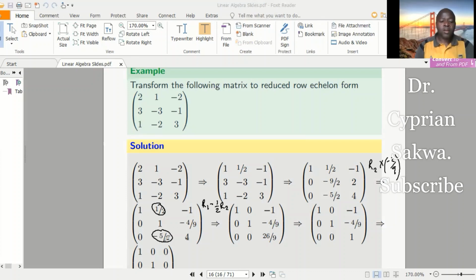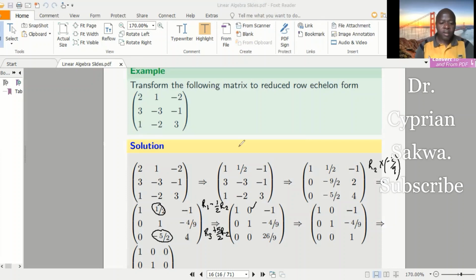And to get a 0 in this position, I take row 3 plus 5 over 2 of row 2. Let's do that. So row 1 minus a half of 1 gives me 0.